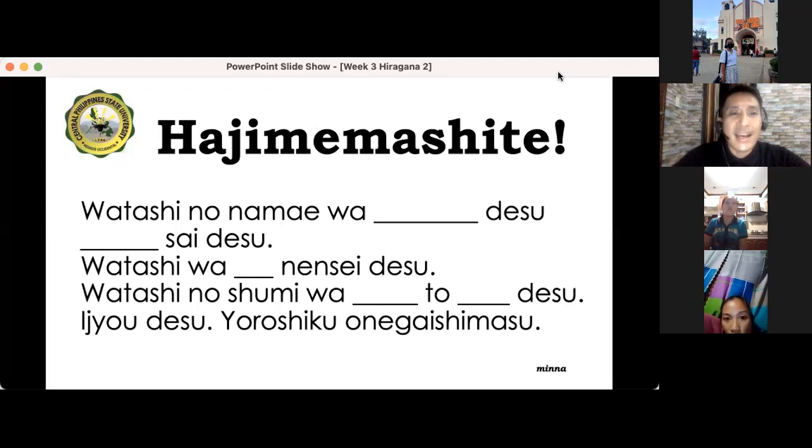No? Sai desu means sai is age. So, pag sinabi hasai desu means I'm 18 years old. Watashi wa 2年生です. So I am 2nd year. No? So nensei means grade, no particular grade in school. And watashi no shumi wa my hobby. No?